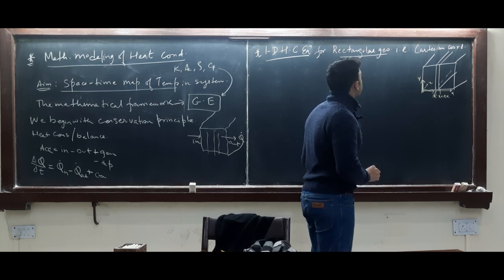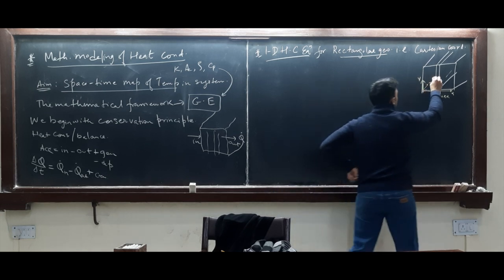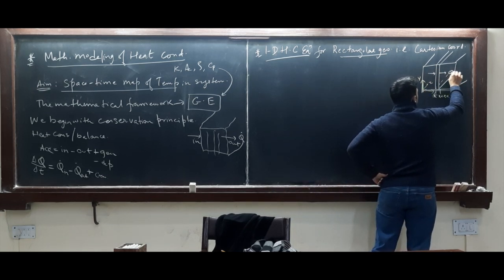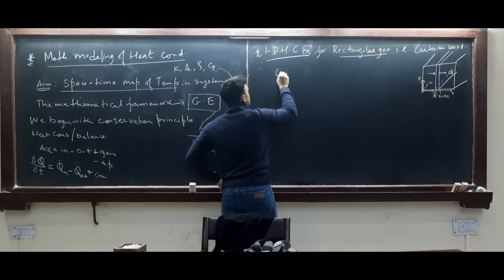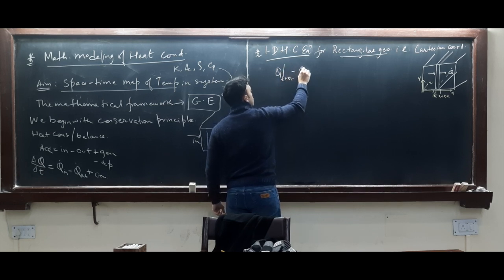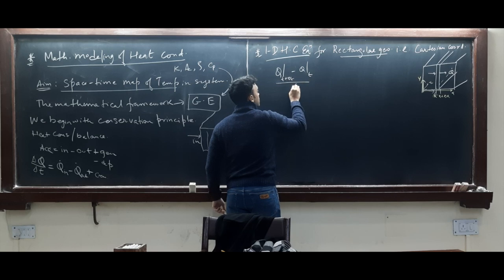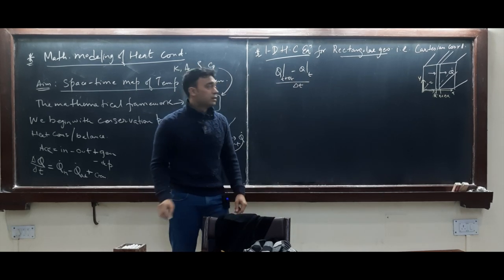Okay. Then what do we have? So here we will talk about the accumulation of heat. So can I write this as Q at t plus delta t minus Q at t, divided by delta t? This is the accumulation of heat.